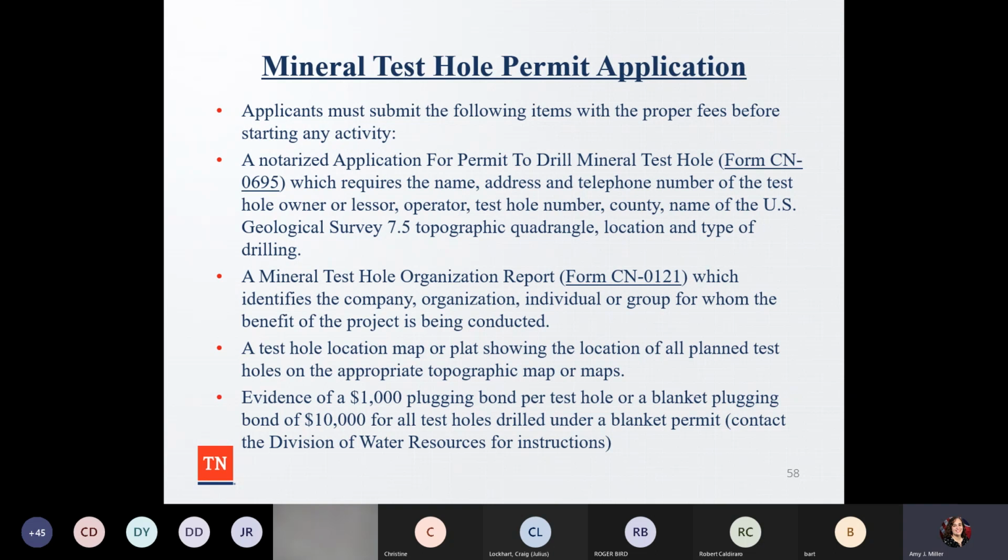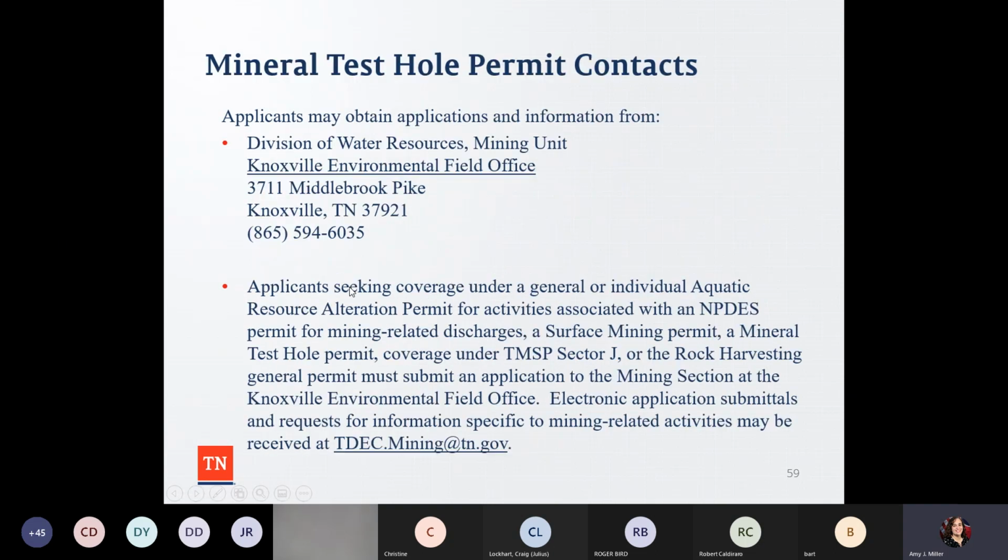So again, you're going to contact the TDEC Division of Water Resources for instructions. And then there's also the Knoxville Environmental Field Office for TDEC.